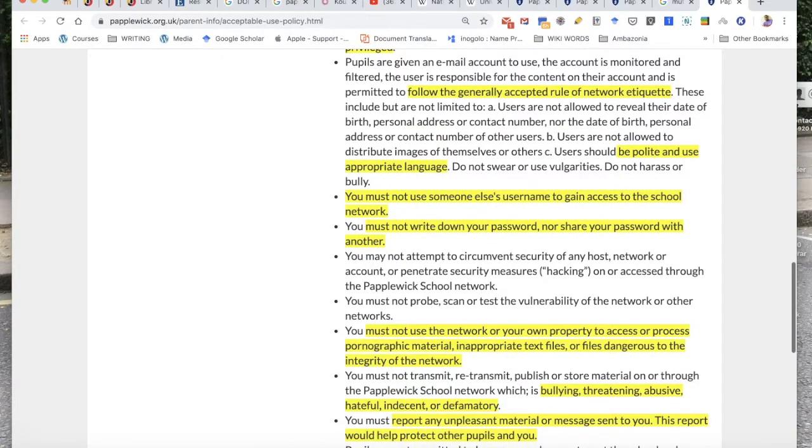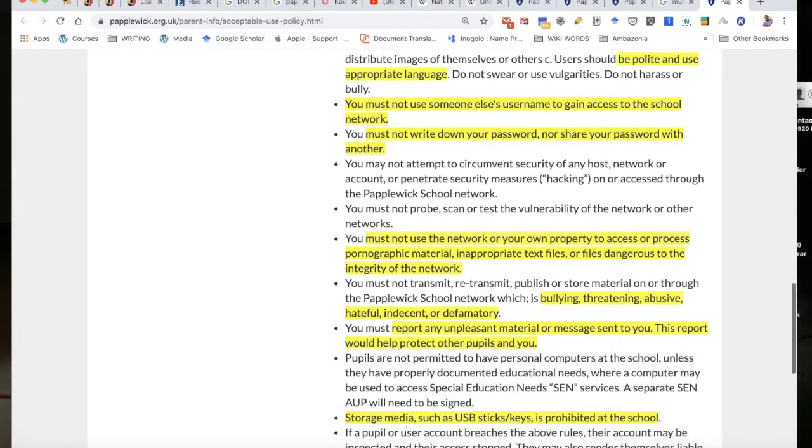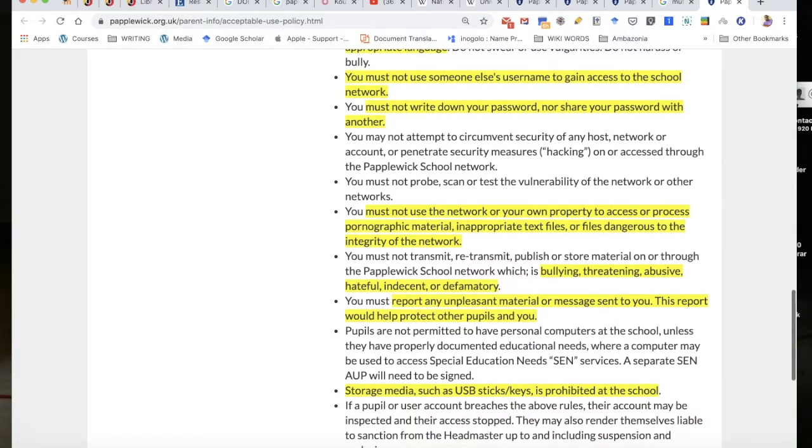and you cannot use the network or your own property to access or process pornographic material, inappropriate text, and files that are dangerous to the integrity of the network. When you communicate online, you should stay away from bullying, threatening language, abusive language, and other forms of language that are not appropriate to the school community.